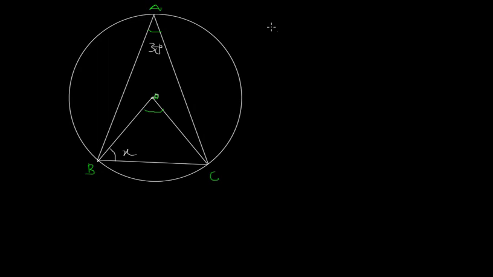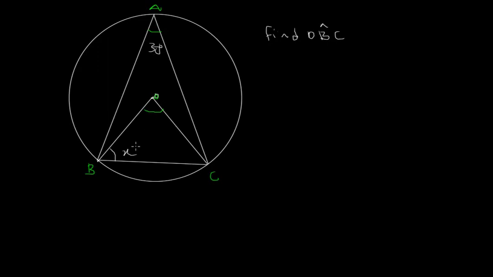So what do we have? We've been given angle BAC to be 30 degrees, right? So we can find angle BOC.